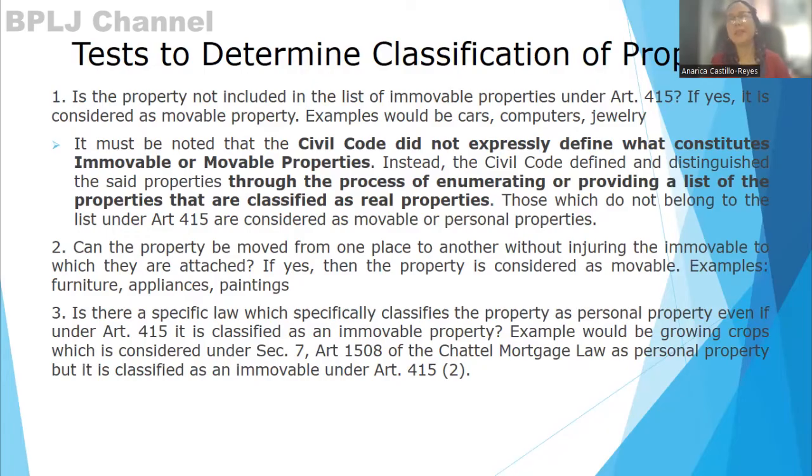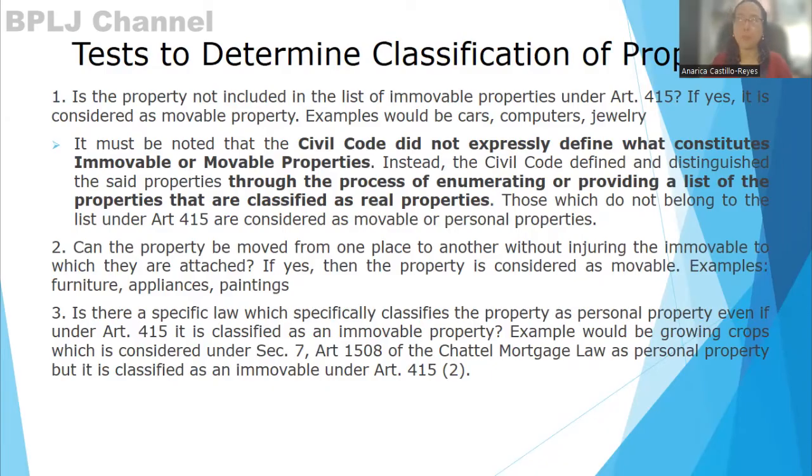So again, you will have to consult Article 415 if the property, which is essentially a movable, can be considered as an immovable. Okay, if it does not fall within 415, then it is definitely under 416.